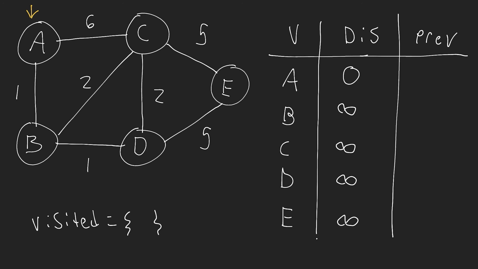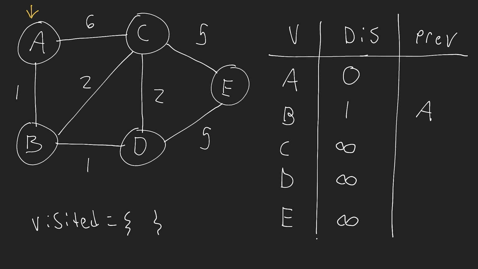So since we've seen this edge here, we need to go to our table, and we need to update the distance to B to be 1. The reason for that is we found a distance that's less than infinity, so we update this now to say, okay, the shortest possible distance we found so far to reach B is 1, and then we set the previous node for B to be equal to A, because we reached B from the edge that was connected to A.